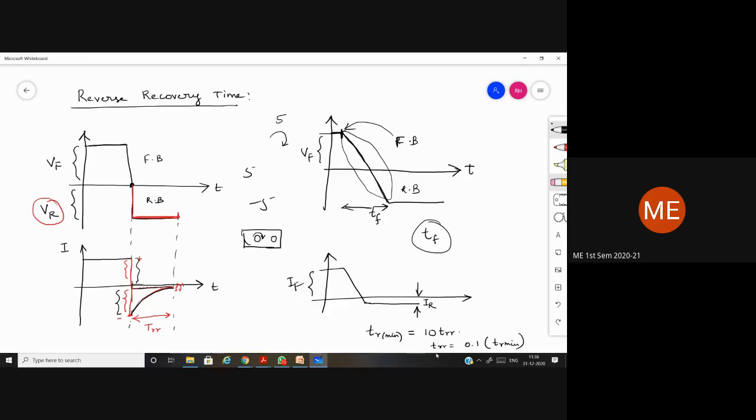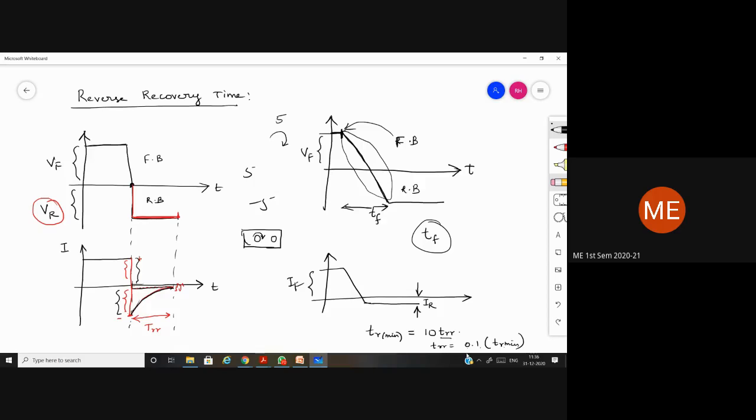So your TRR should be equal to 0.1 times TR minimum, the recovery time minimum. That much less time it should take to come back to its reverse saturation level.